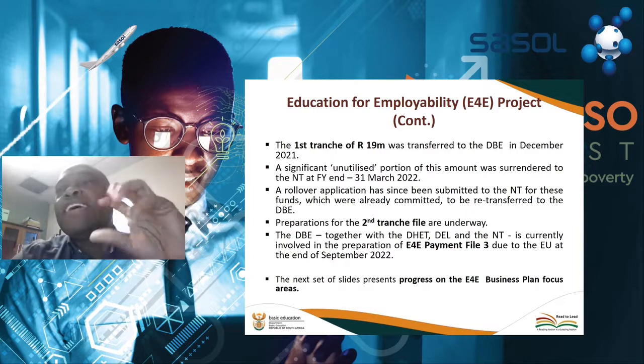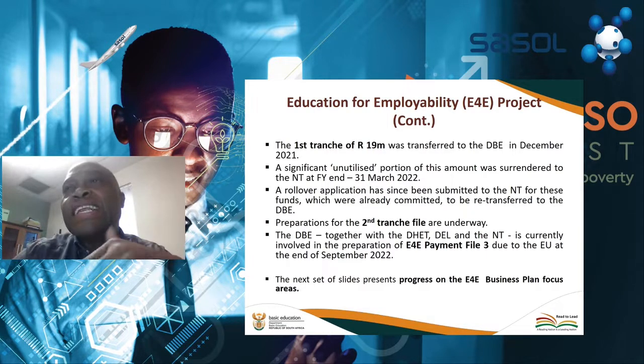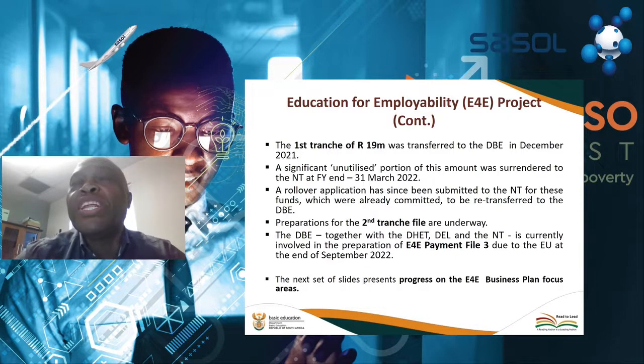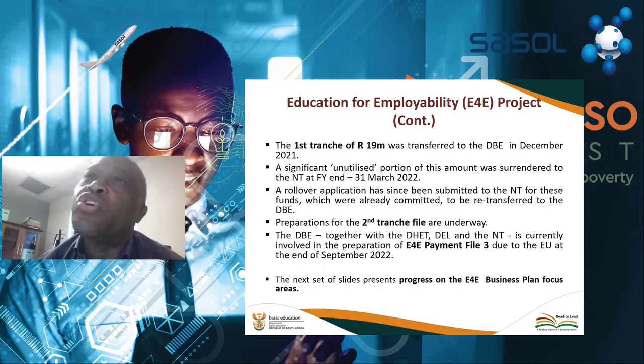The unfortunate thing is that the release of the first tranche was delayed due to different technicalities. We only had 3 months of 2021-2022 to spend the 19 million rand. So we could not spend the entire amount.